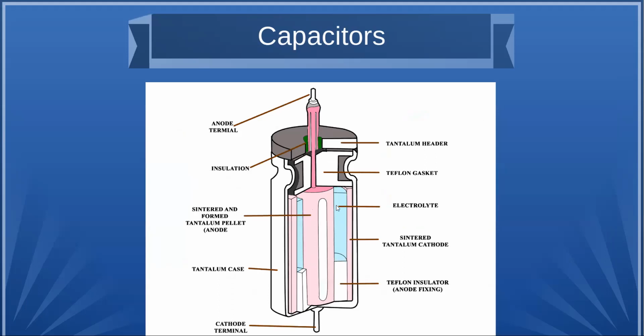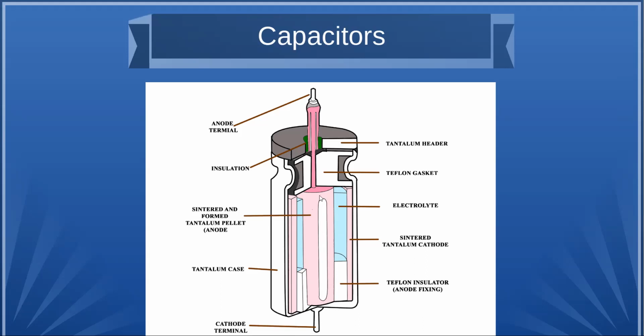This is a kind of a cross section of a tantalum electrolytic capacitor. I'm not sure how well you see, but this outer, what they call sintered tantalum, and an inner.